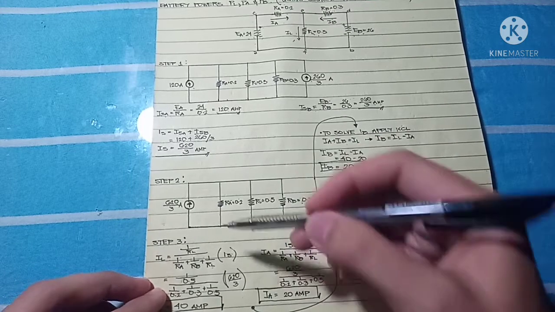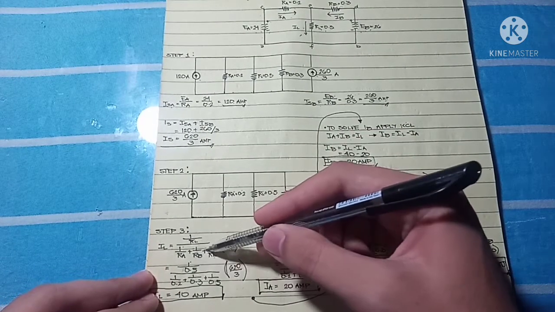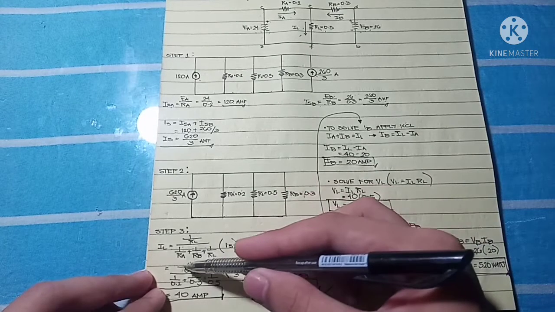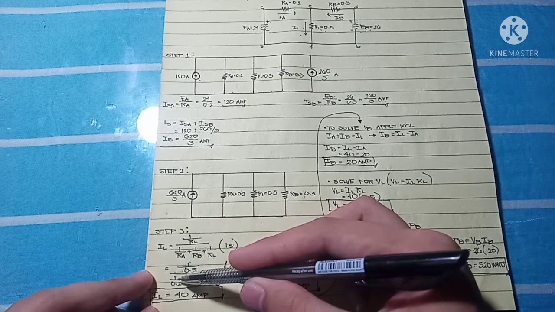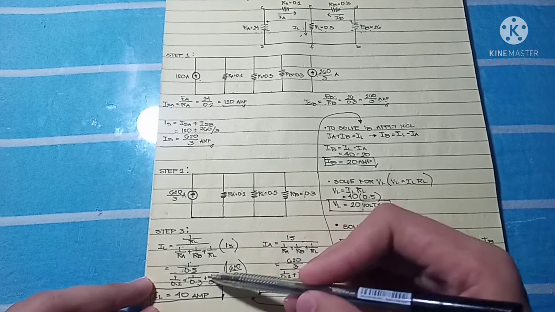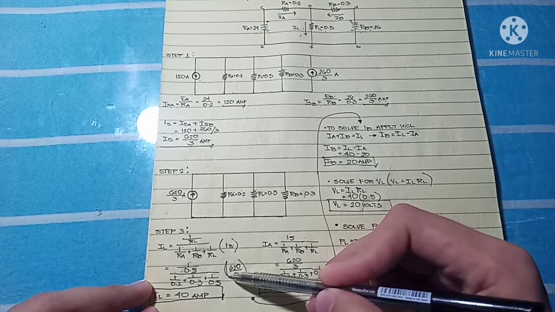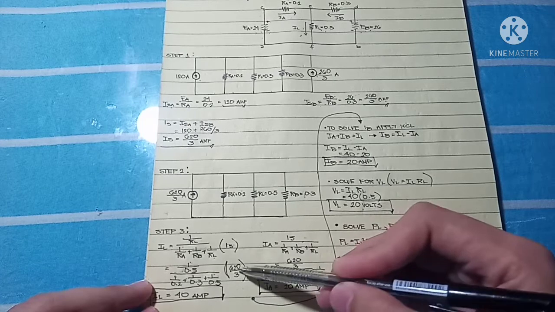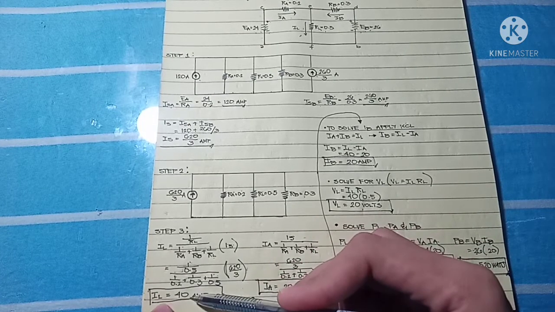Then substitute the values: 1 over 0.5 all over 1 over 0.2 plus 1 over 0.3 plus 1 over 0.5, times IS, which is 620 over 3. IL is equal to 40 amps.